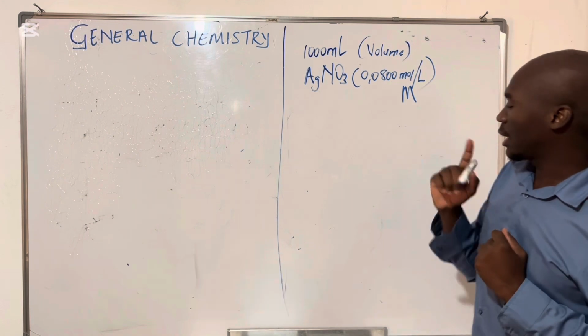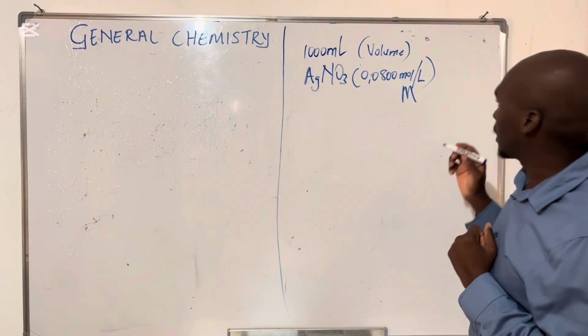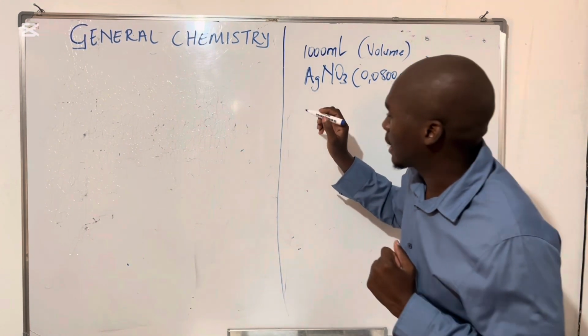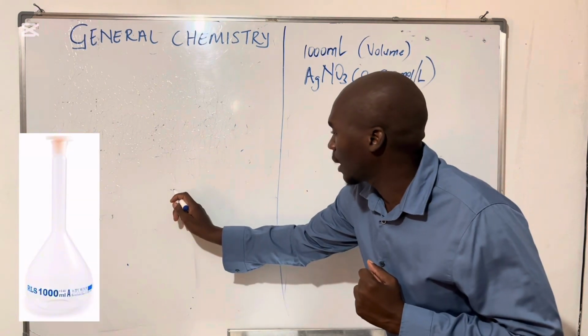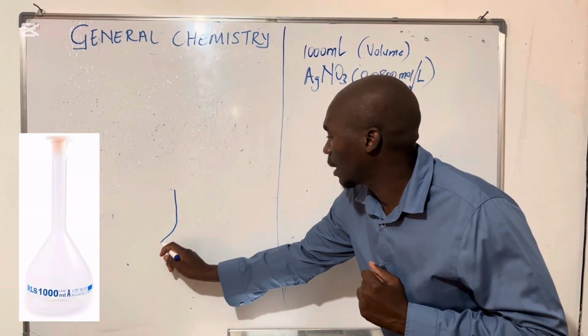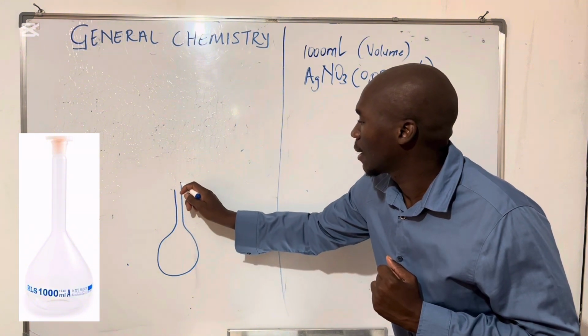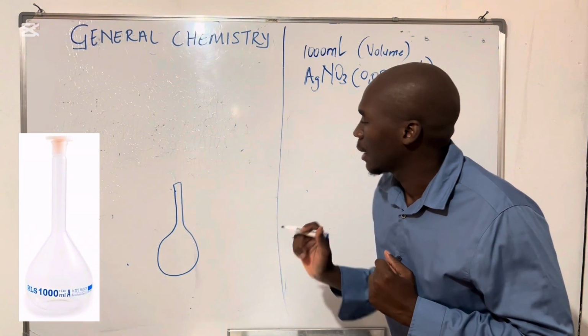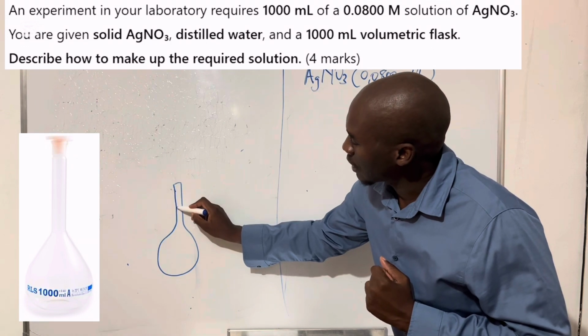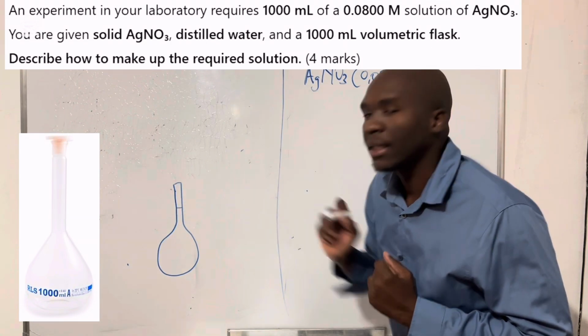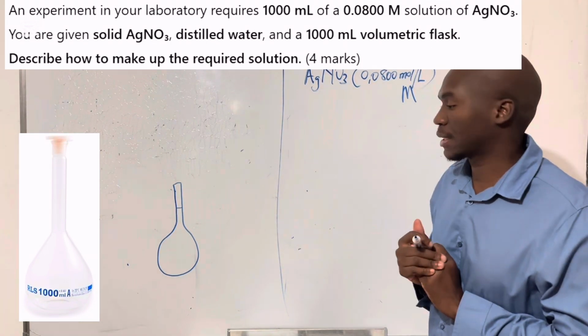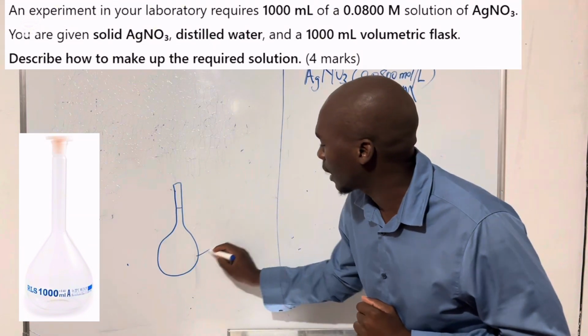I want you to think of it in this manner. Let's take the volumetric flask. The volumetric flask has a mark somewhere here. So I want you to think of something like this.